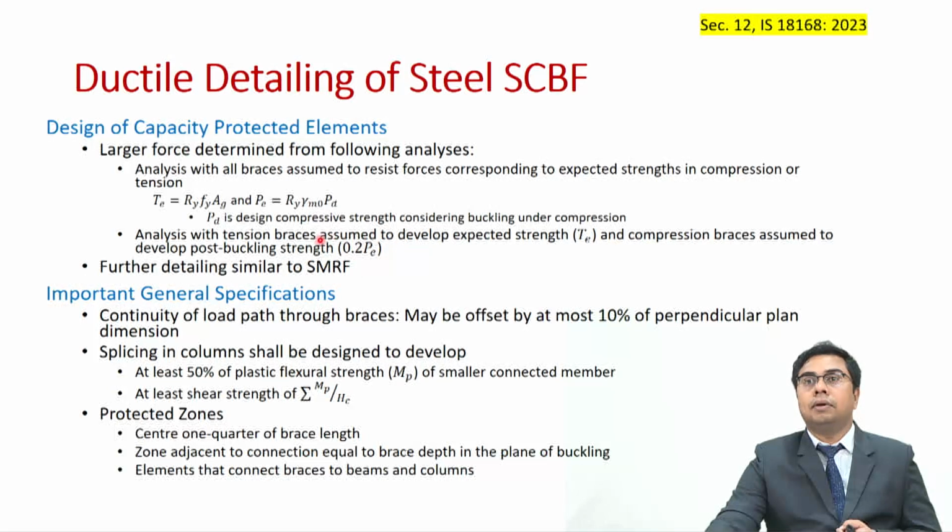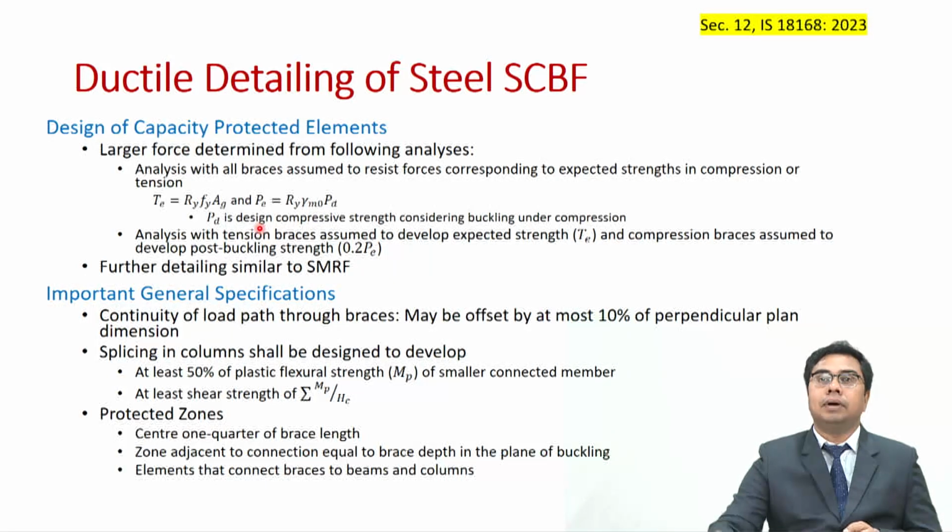As per other global codes, this ranges in the range of 20% to 30% of PE. Our code suggests to be 20% of PE. What is PE? PE is equal to Ry times gamma m0 times PD. So, once we do these two analyses, then the larger force determined from these analyses gives us the design forces or moments for the capacity protected elements, and the further detailing are similar to SMRF.